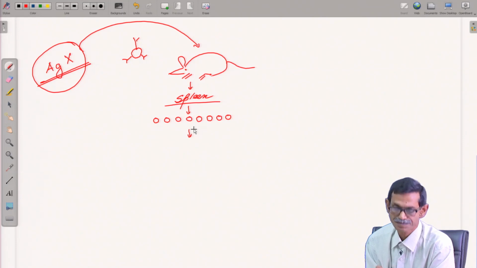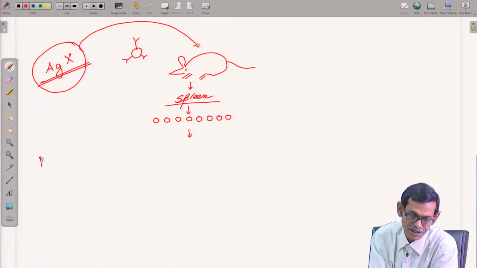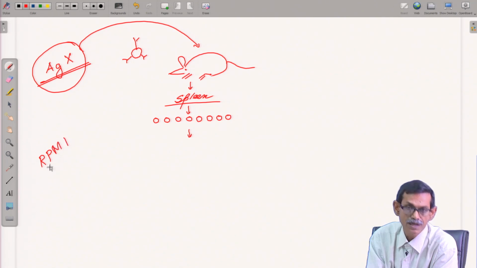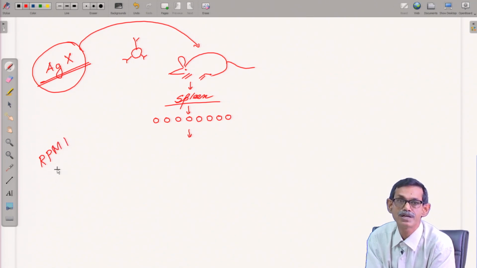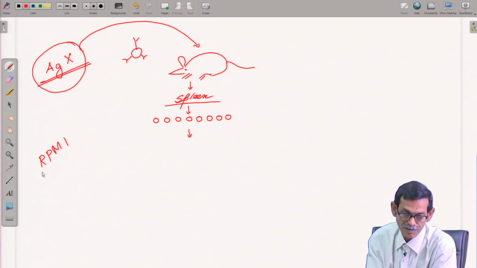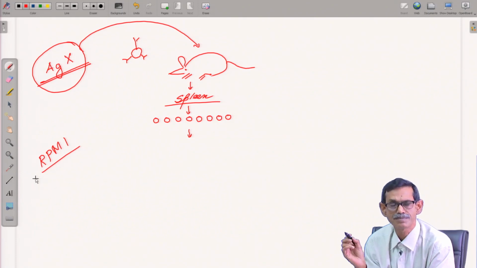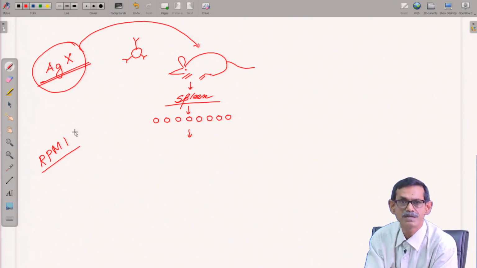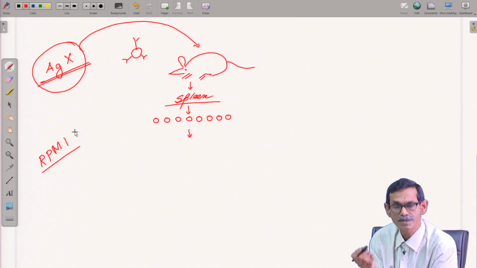Okay, there are many, say RPMI is one, RPMI, Roswell Park Memorial Institute. This is the name of an institute in Buffalo, New York. They developed a series of media. Okay. So, RPMI has different numbers depending on how they developed it.